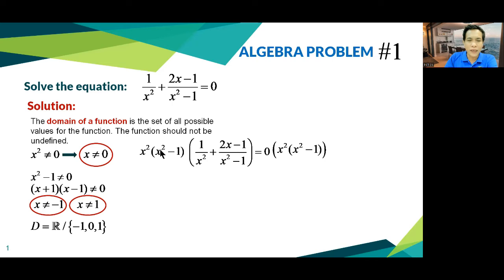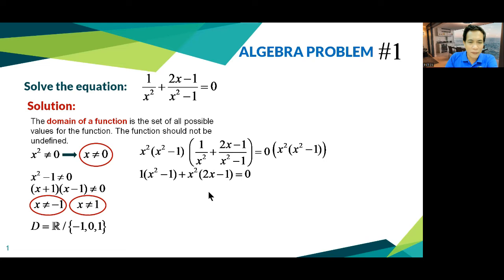So we will multiply x squared minus 1 to 1. Plus x squared times x squared minus 1. You can cancel x squared minus 1. So the remaining is x squared multiplied to 2x minus 1. 0, and I multiply this to this number because any number multiplied to 0 is equal to 0.